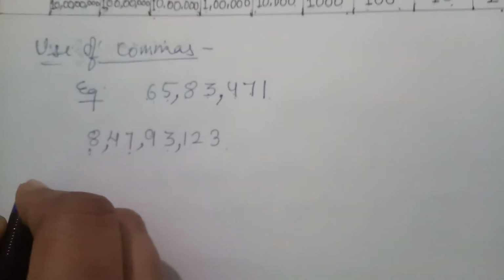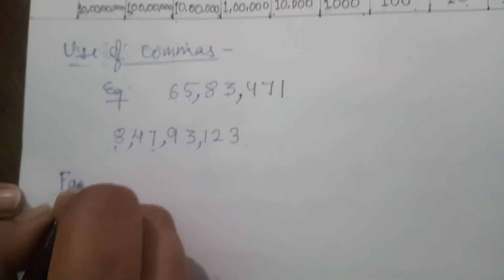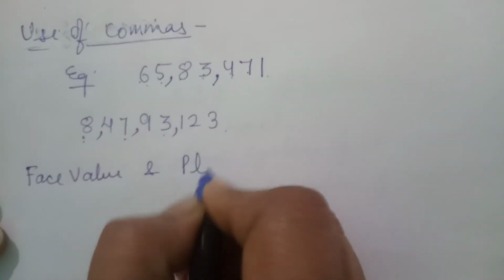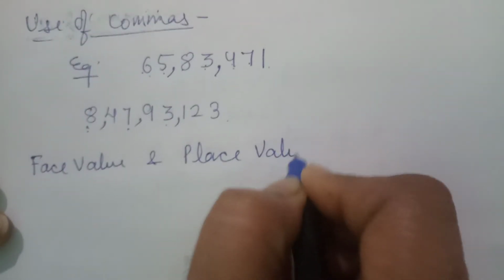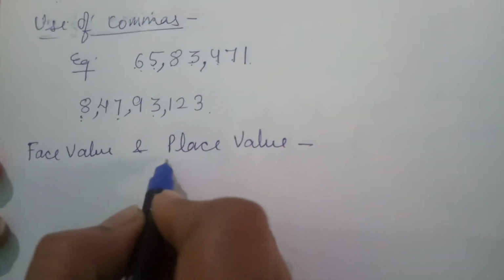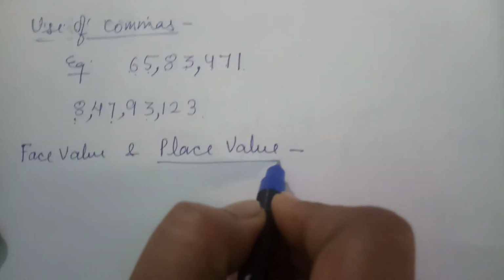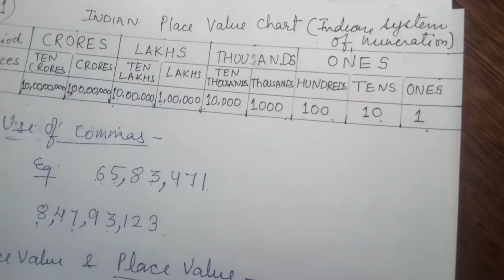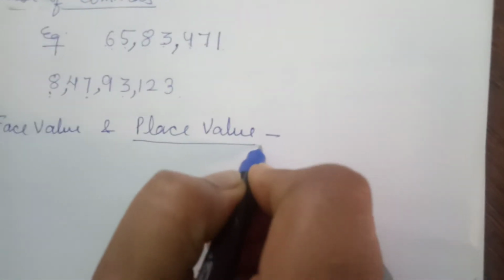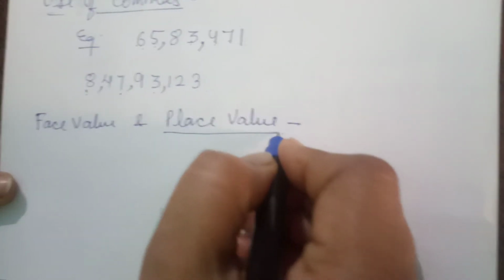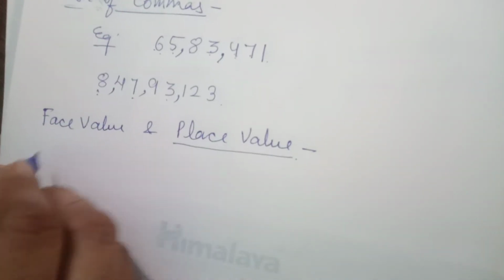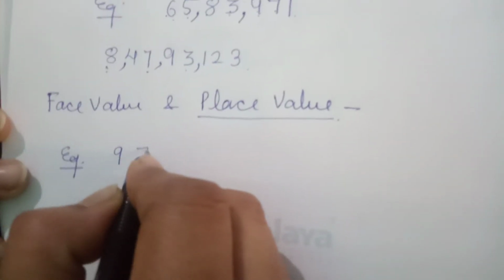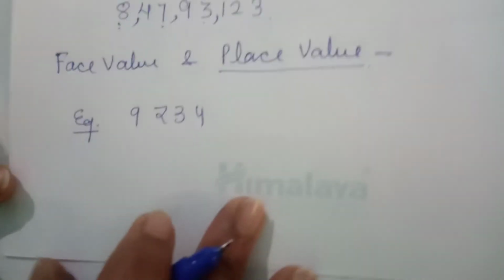Next, we'll study face value and place value. Place value, as you know by the place value chart, depends on the position of the digit. Like we are taking an example, say 9234.